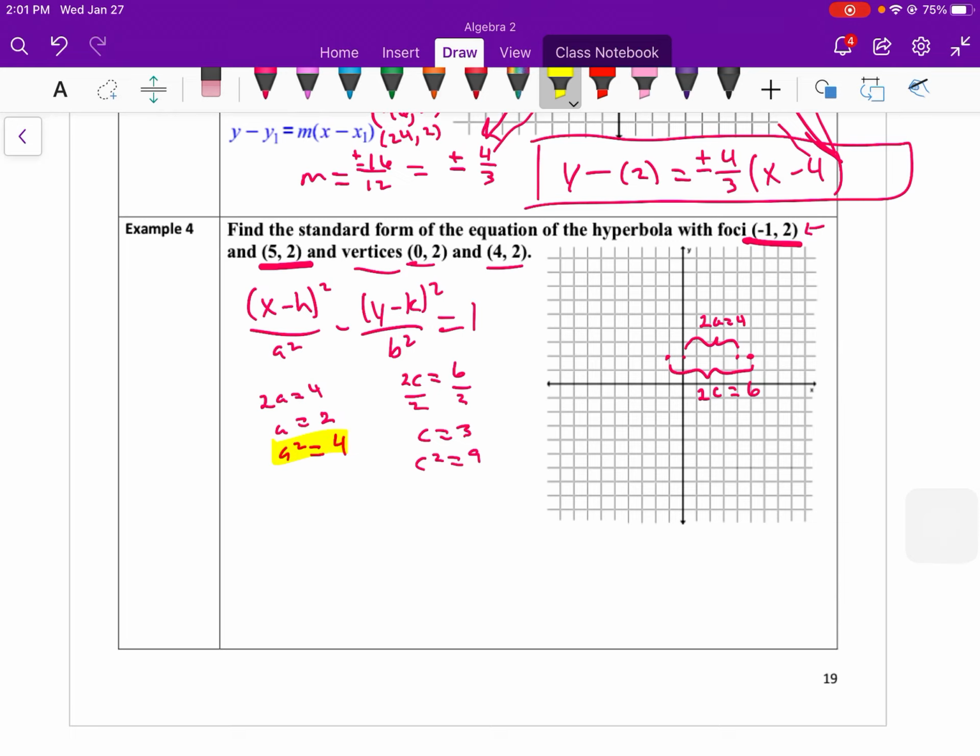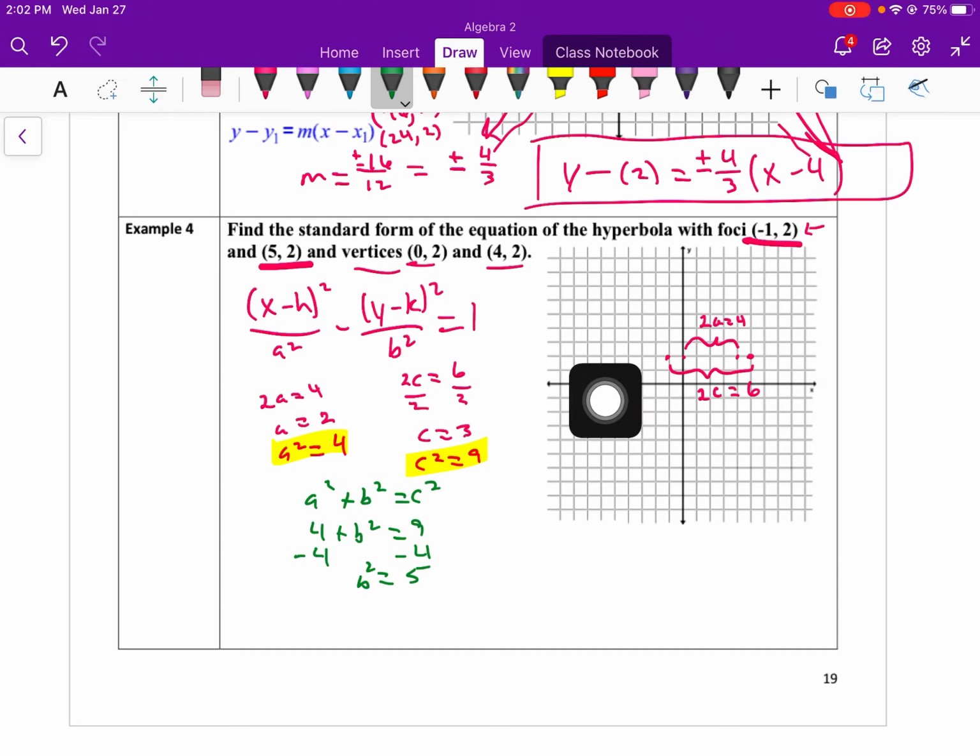The reason I'm finding these is because now we can use this in our formula, a squared plus b squared equals c squared, to find b squared. So we have 4 plus b squared equals 9. So solving for b squared, we get 5.